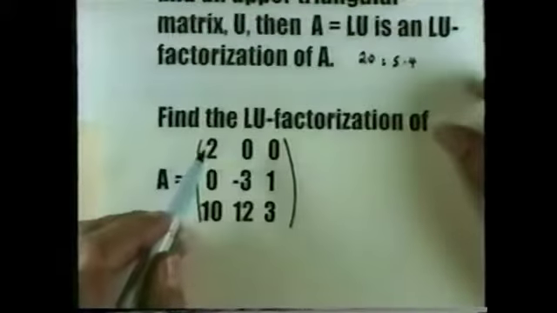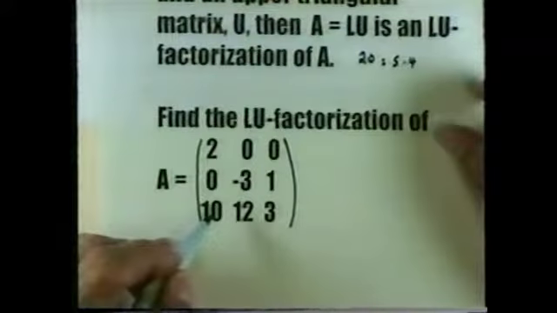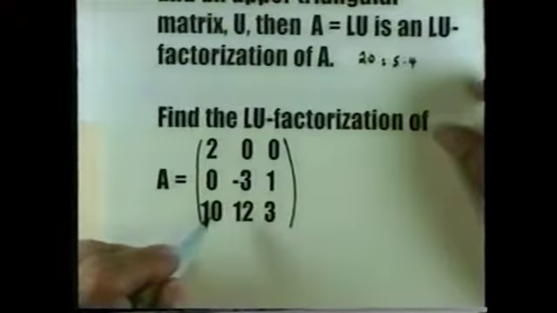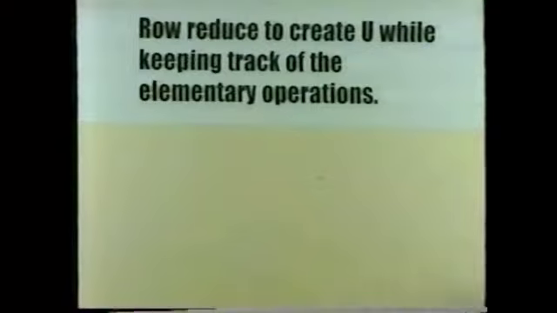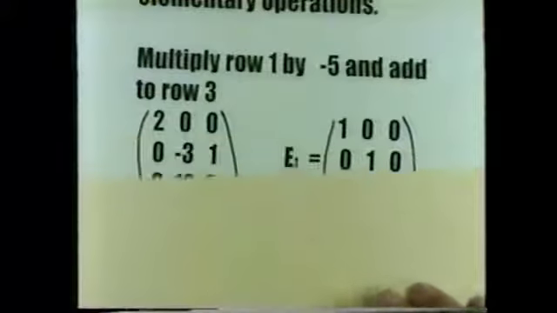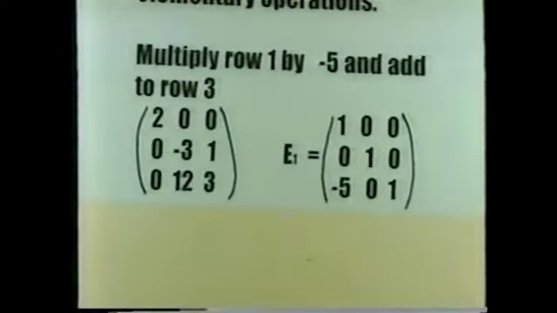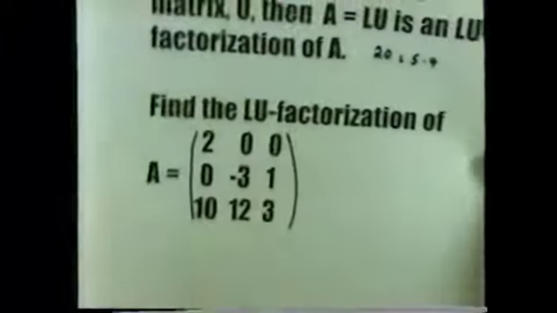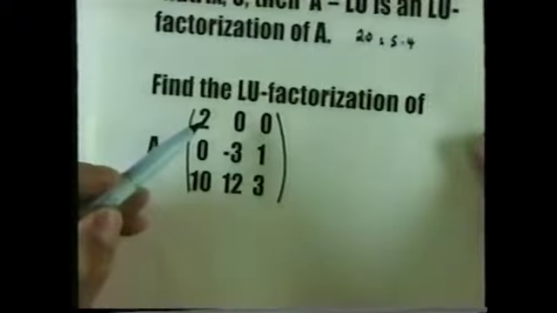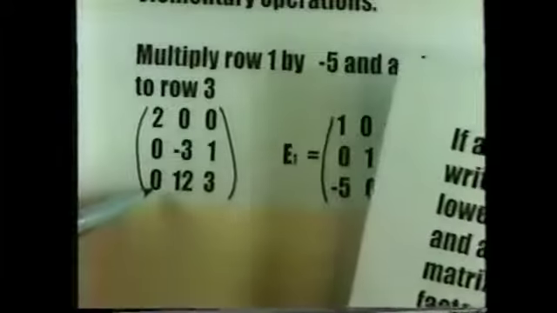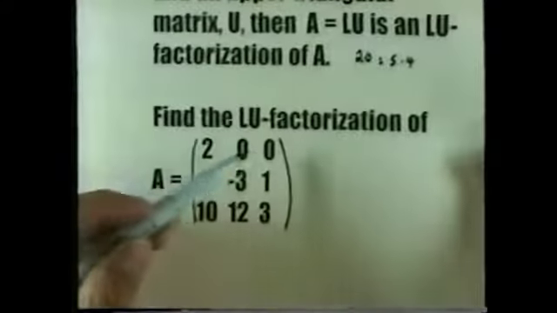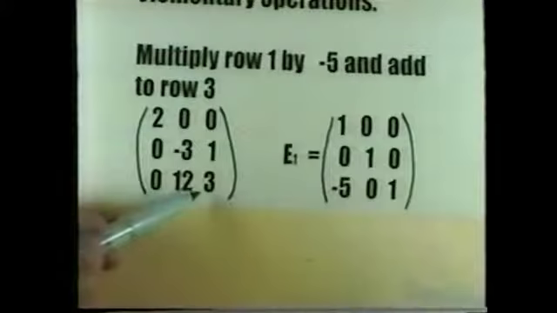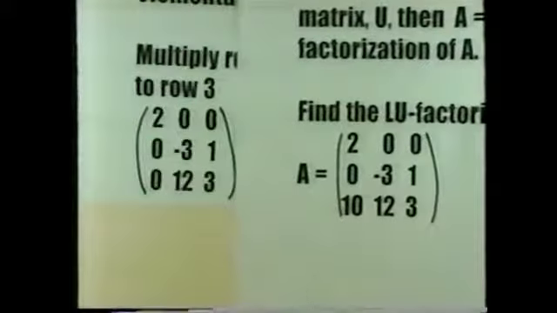I can multiply row 1 by -5 and add to row 3 to create the 0 in this position. -5 times 2 is -10, plus 10 is 0. -5 times 0 is 0, 0 plus 12 is 12. -5 times 0 is 0, 0 plus 3 is 3. And of course, I'll leave the other two rows the same.